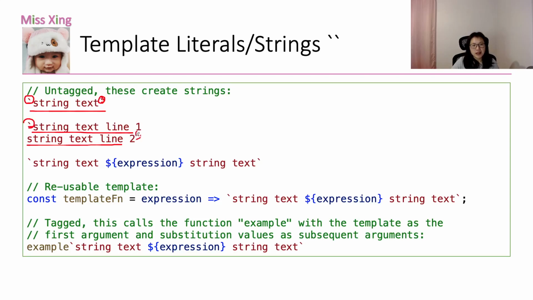And when we use a template literal with backtick, we can also have an expression here. The syntax is using $, then braces, and between them we can have an expression.